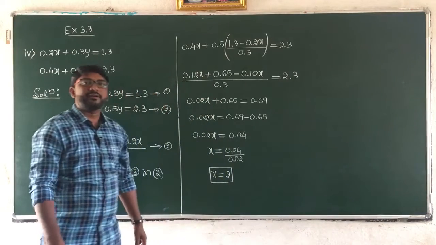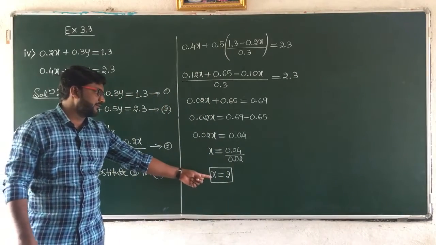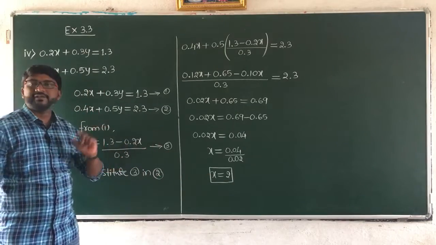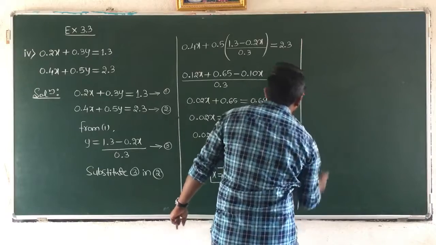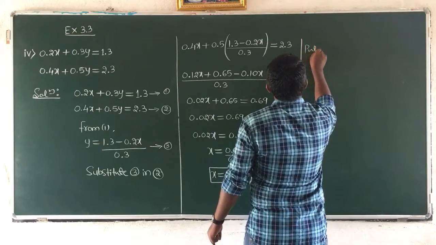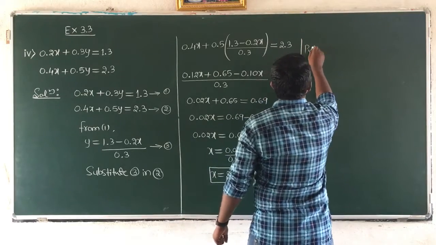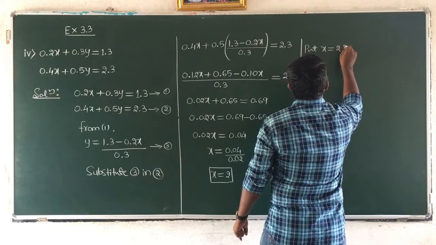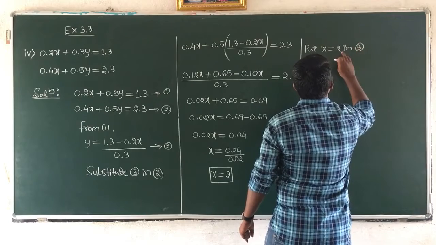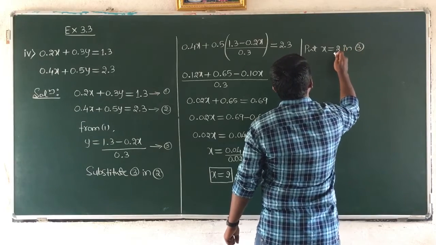So we have got the value of x. Now substitute the value of x in equation number 3, and we get the value of y. Put x equals 2 in equation number 3.